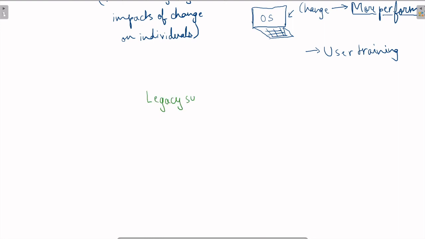I'll just use legacy system as an umbrella term, but essentially it means legacy system, software, hardware, anything. Legacy is just a fancy word for old. You can also think of it as outdated, old technology.